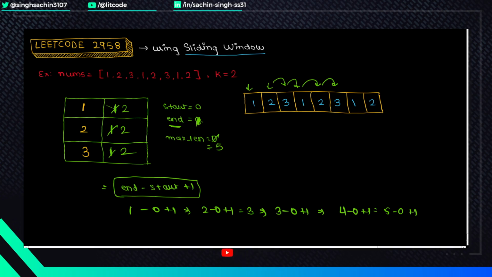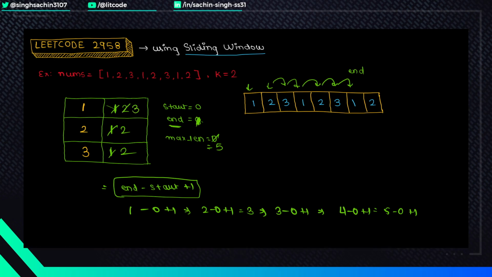Now comes the interesting part. When we move to the next element, this is the end pointer. Now the number of ones in this subarray is greater than k. Okay, in this case what I would do is, so this was my original k, sorry about that.